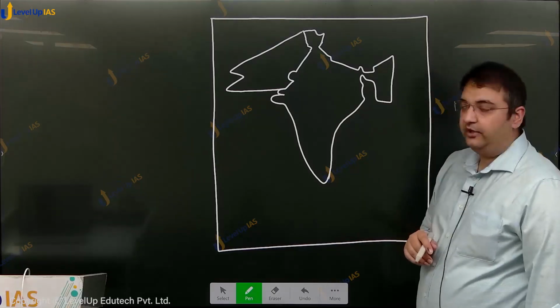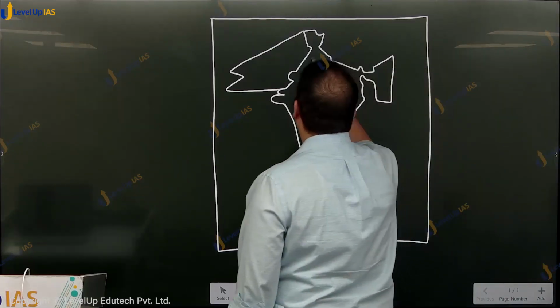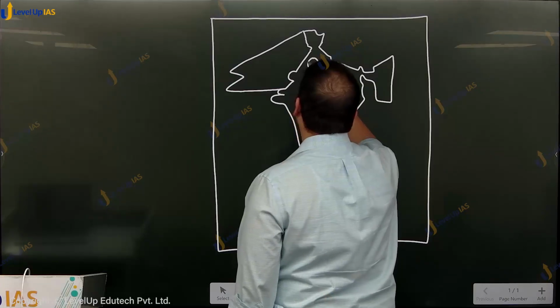Prominent Chalcolithic communities were distributed in places such as northern Rajasthan.